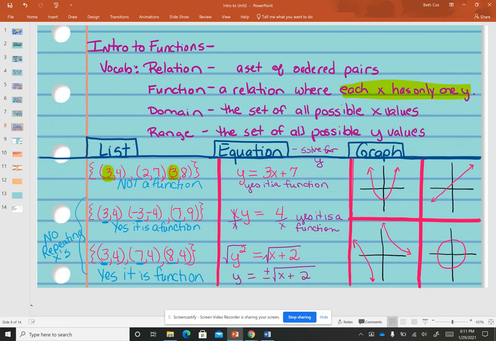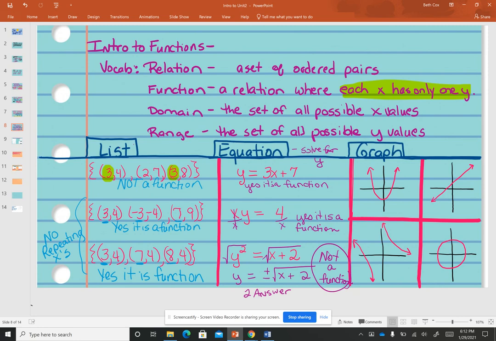And we always ended up with 2 answers, a positive one and a negative one. And so this one is not a function because there are 2 x's here, okay? So, 2 answers for a single x. All right, so it's not a function.